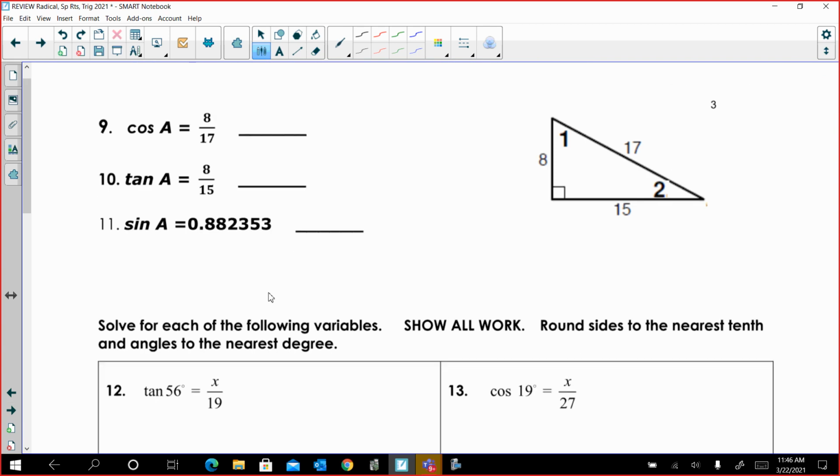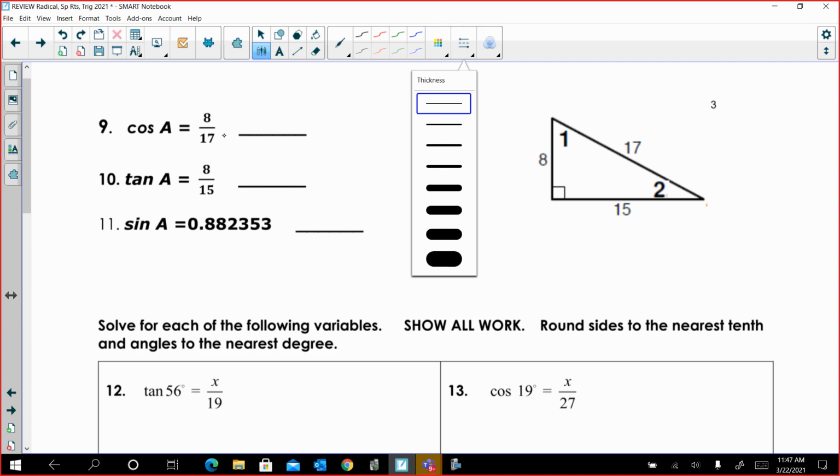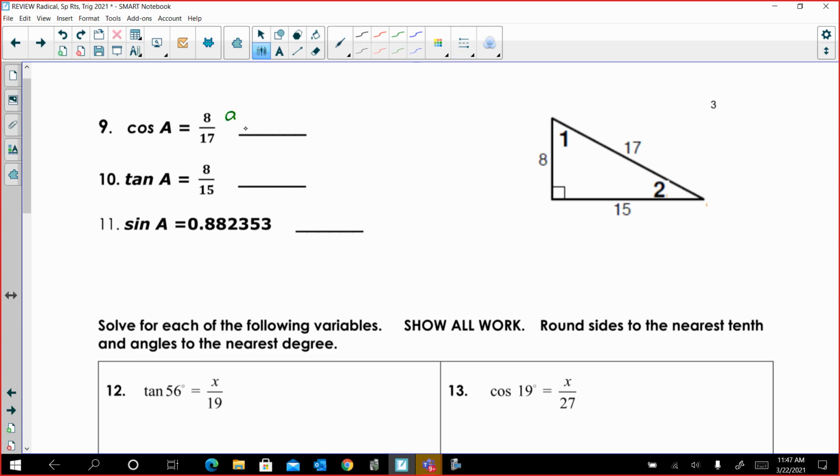So we're making our questions, we're trying to determine the angle here. So we're kind of working backwards because we know we're doing cosine, because it says it right here. And we know cosine means to do the adjacent over the hypotenuse. Well, obviously, we know 17 is the hypotenuse.